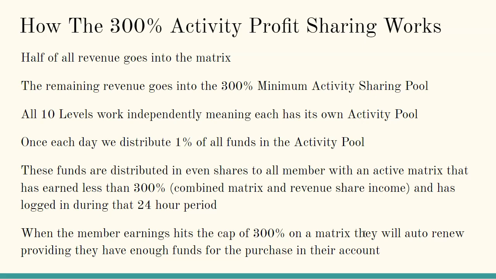If you use the earnings of that $15 you're going to earn on level 1 to upgrade or PIF someone or withdraw, and you reach 300% and you don't have $5 in your available balance, then you no longer have the ability to earn anything on level 1 until you deposit. As soon as your available balance hits $5 or more, it's going to auto renew for you. You just have to manually make the purchase the very first time.